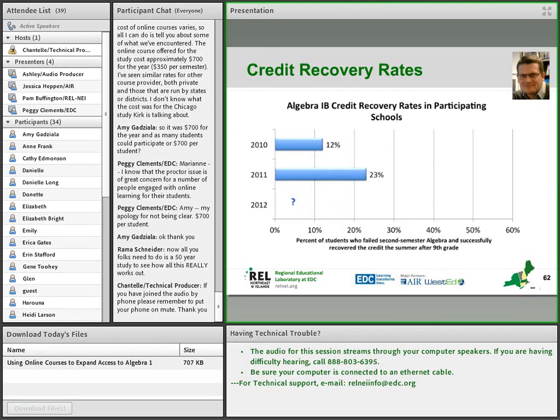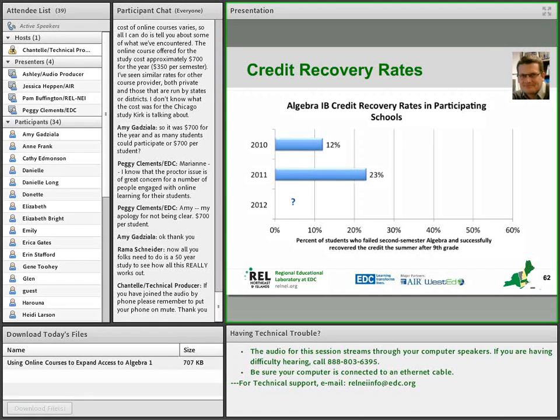As we reviewed our first year implementation data and the preliminary results, we also went back and said, let's look at the year prior to the study and calculate the credit recovery rates before the study was introduced.